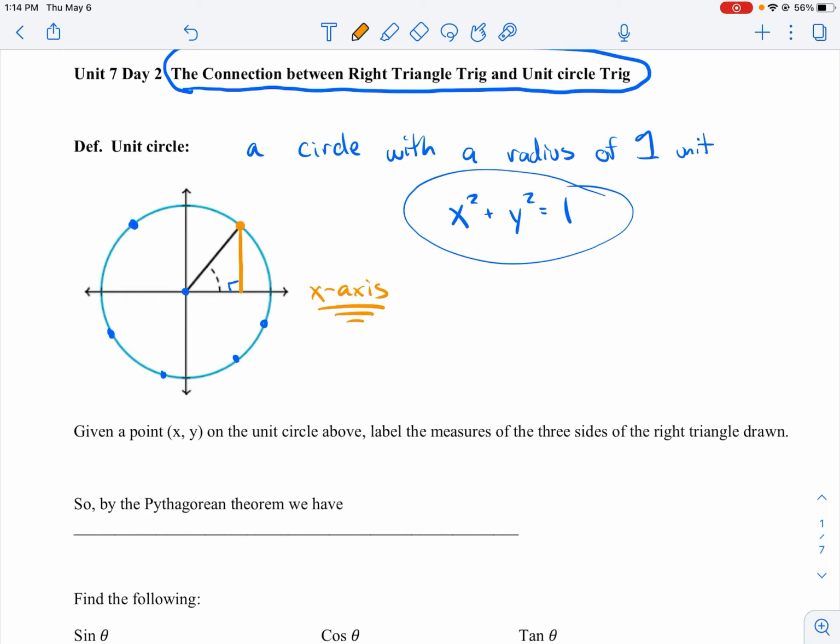Okay? So when we're finding these points here on the unit circle, right, what we're really utilizing is right triangle trig. Because as you can see, that one creates a right triangle. This one creates a right triangle.